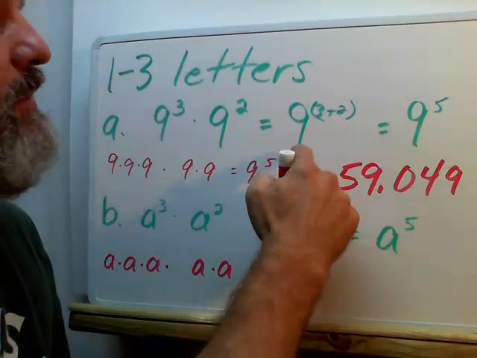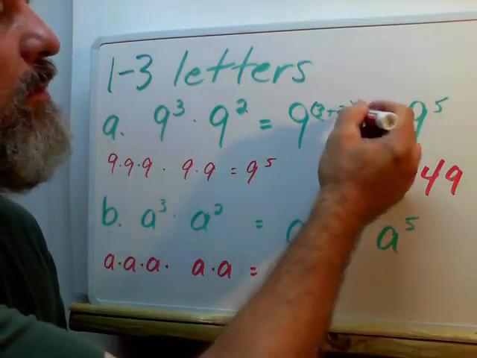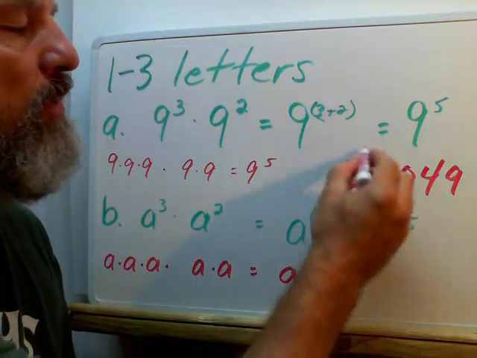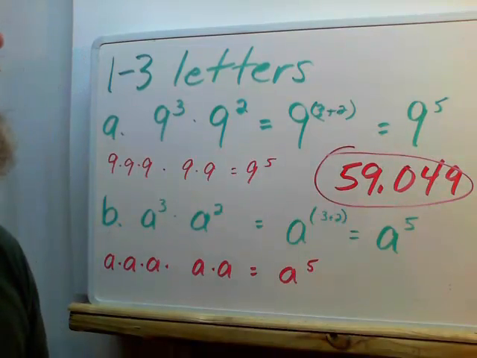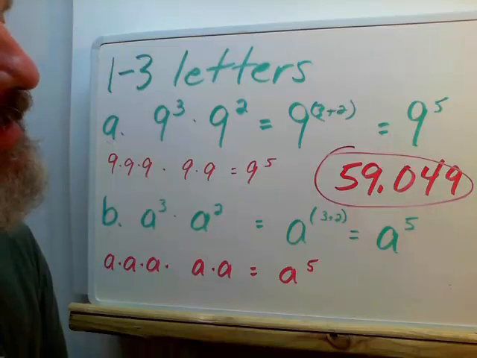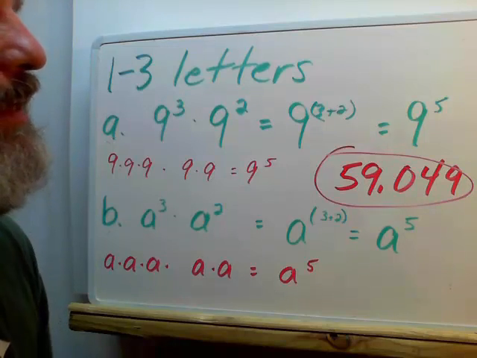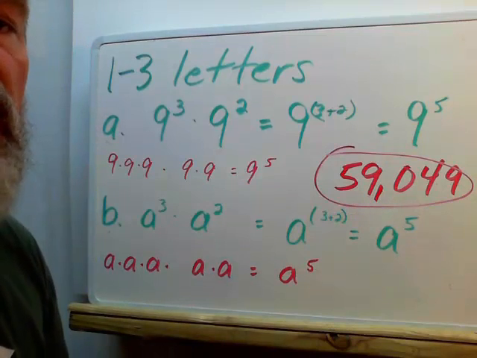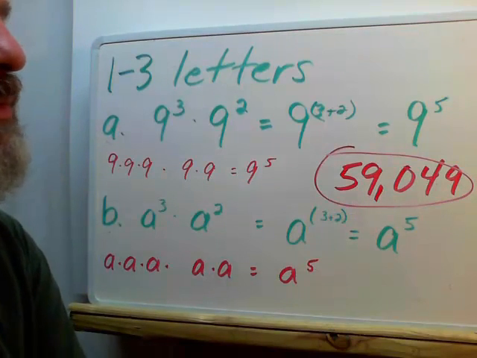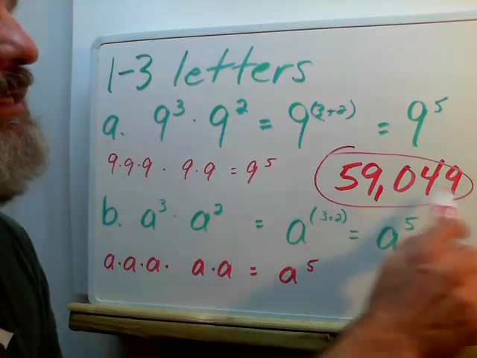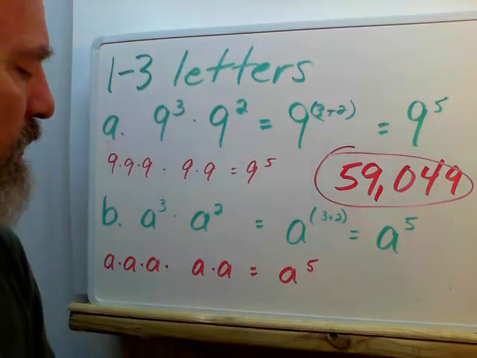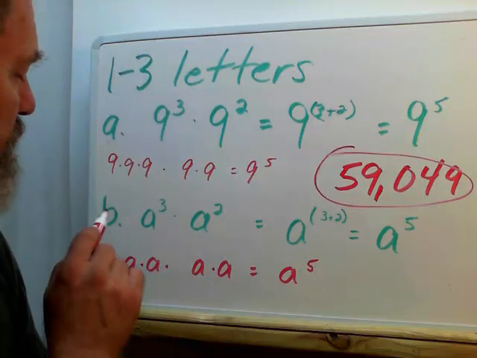But our shortcut is to go 9 to the, in parentheses, 3 plus 2, or 9 to the 5th. And then, of course, remember, you need to simplify that, which is 59,049. I would like you to make sure you get into the habit of putting your commas in on your answers, so that whenever we correct in class, it's easy for a fellow student to take a look at that and quickly determine whether or not it is the correct number.